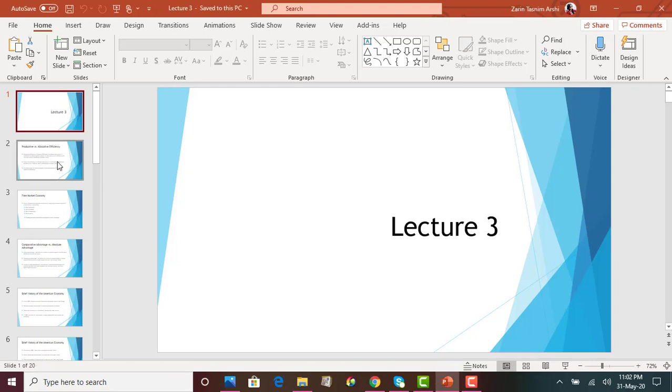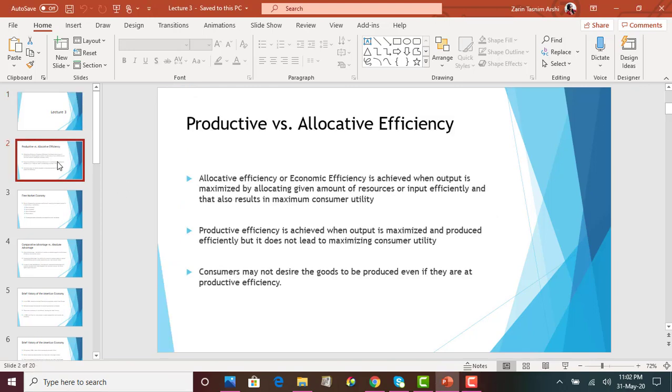So just a quick refresher, last class we talked about two different types of efficiency, productive efficiency versus allocative efficiency. We want to remind this here a little bit now because we will learn about a diagram, a concept that is necessary to understand productive efficiency and allocative efficiency.